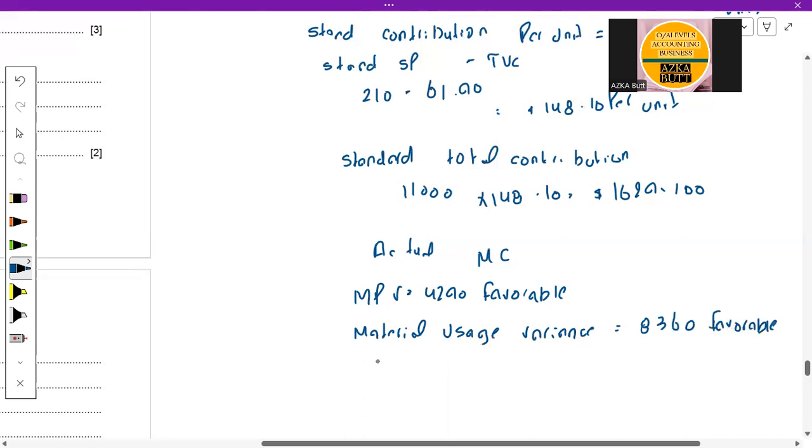And standard material cost is equal to 11,000, the number of units, multiplied by 30.40, which is equal to 334,400.